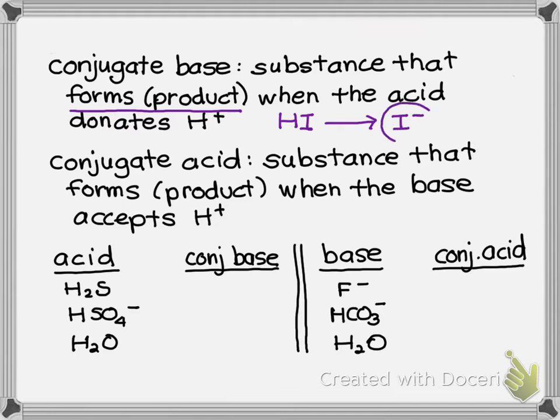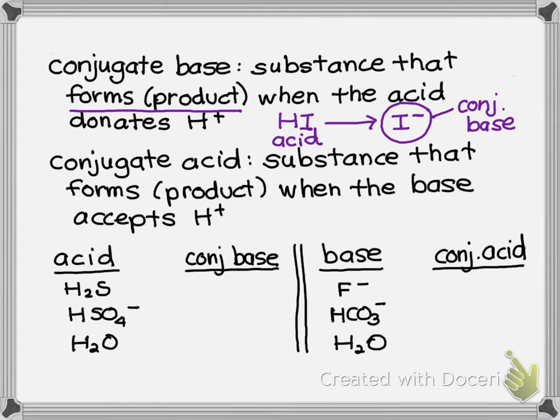So it formed the I-, so we would call that the conjugate, and I'm just abbreviating conjugate there, base. So I identified the acid as the HI and the I- as the conjugate base.